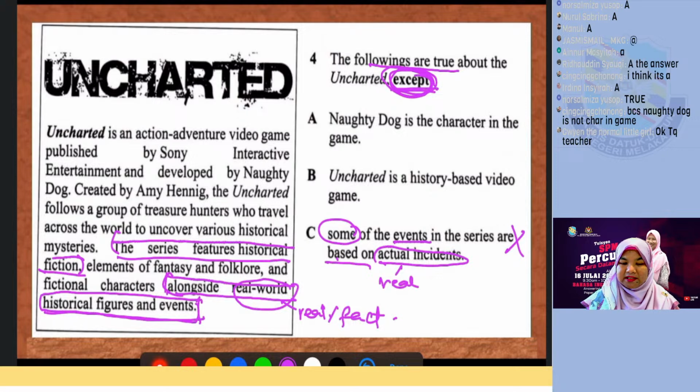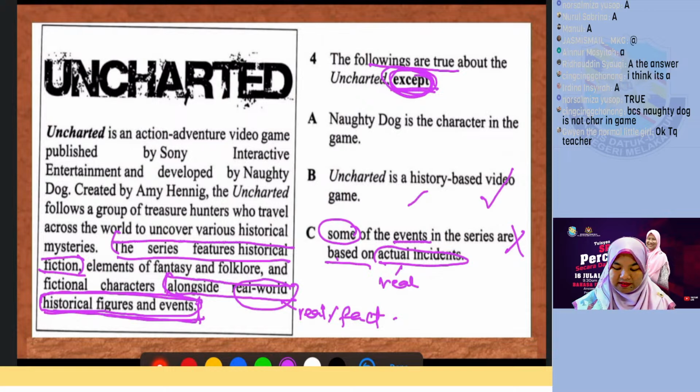But there is a dash of historical figures and events. So B is okay. Do you think B is true to the statement? B ni betul tak, mengikut teks ni? Yes, B is true. So B is not the answer.